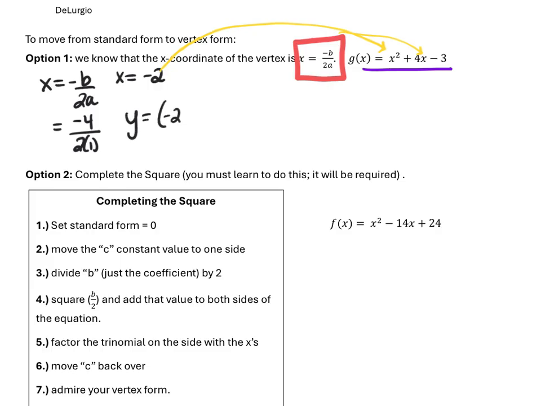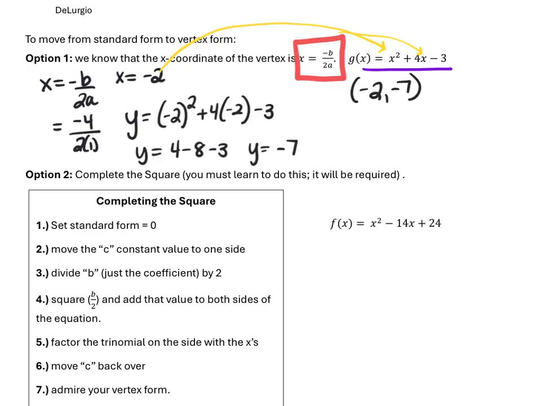So y equals -2 squared plus 4 times -2 minus 3. 4 minus 8 minus 3. Y equals -7. So my vertex is at -2, -7.